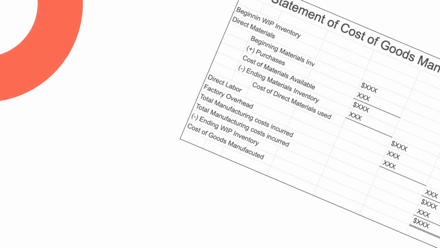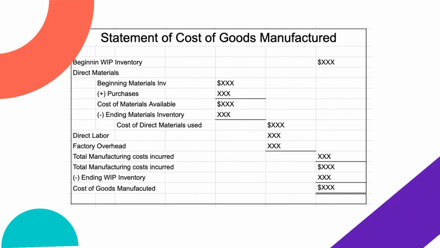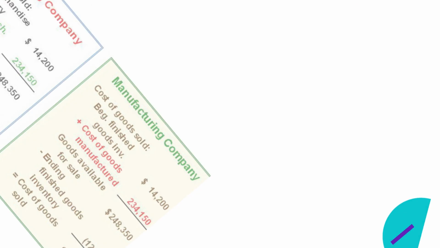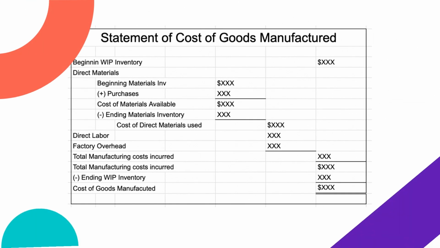All right. Now, let's go a little deeper into your statement of cost of goods manufactured, because sometimes they won't just give you the number of cost of goods manufactured here. So let me show you how to actually calculate that so that you can always have every number available. To calculate your cost of goods manufactured, sometimes you have to create a statement of cost of goods manufactured.